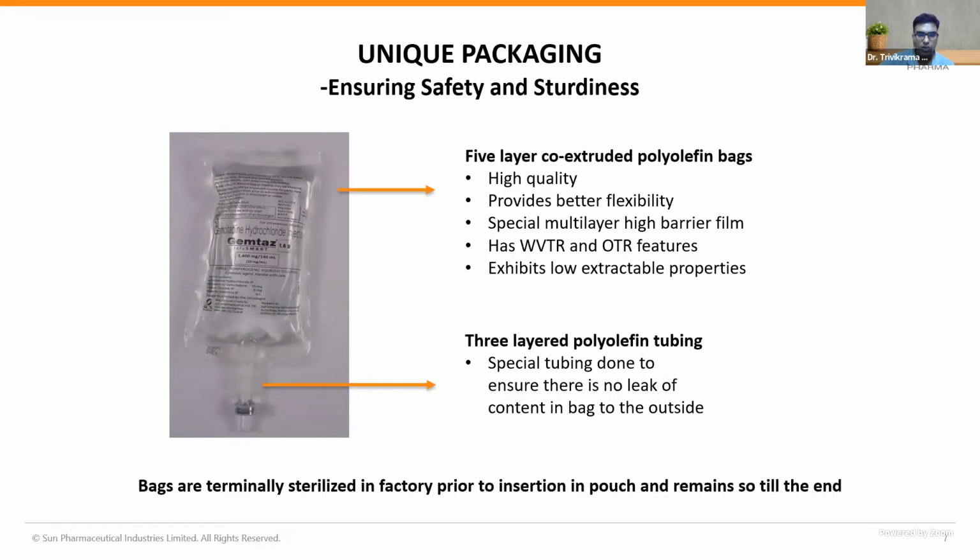It also exhibits very low extractable properties. The tubing which connects is a 3-layered polyolefin tubing, specially made to ensure there is no leak of the bag contents to the outside. The bags are terminally sterilized in the factory prior to being placed in the pouch and remain so till the end.